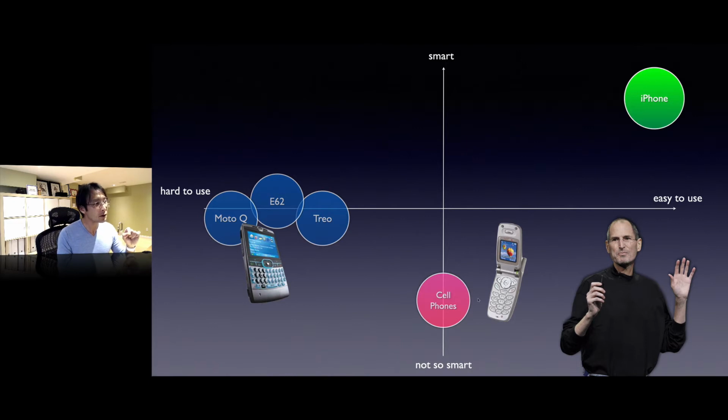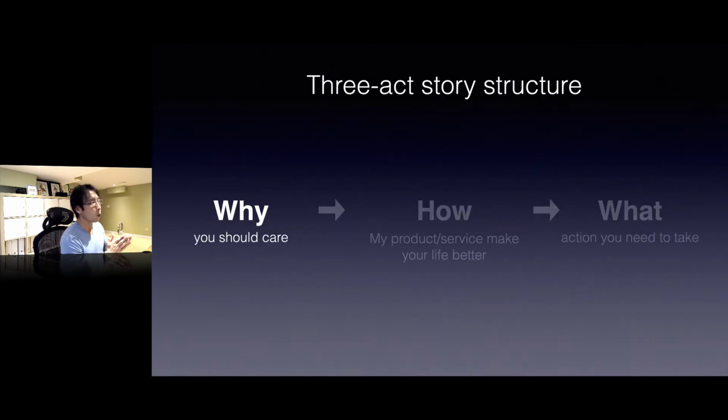And there were also cell phones, like we don't see anymore, but they were not that smart. He got so frustrated, and he put the iPhone up here. It's so smart and easy to use. So he started with why you should care about this presentation, about this iPhone.